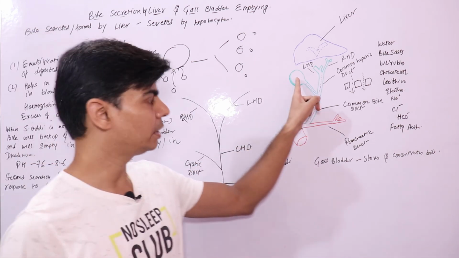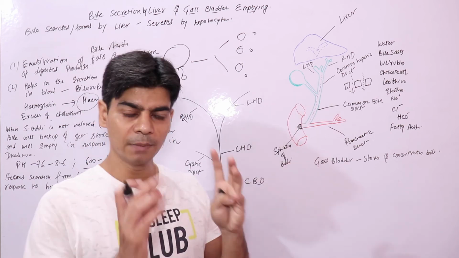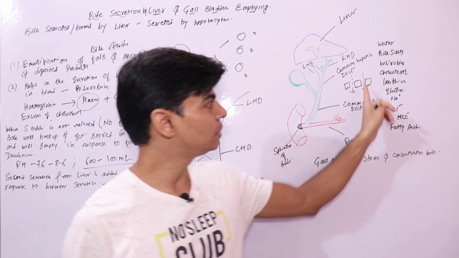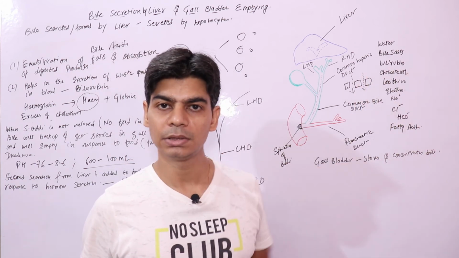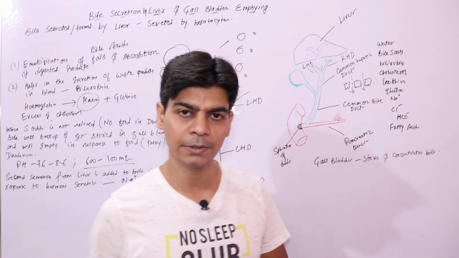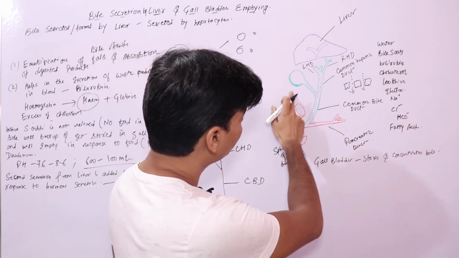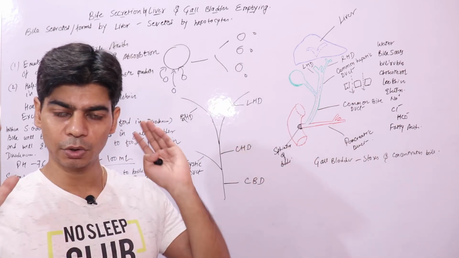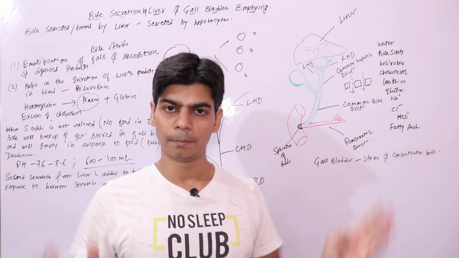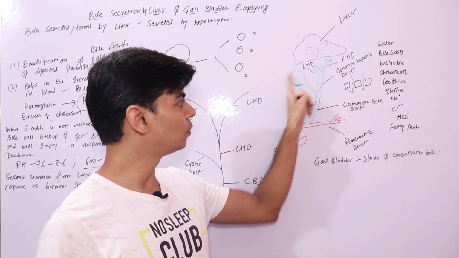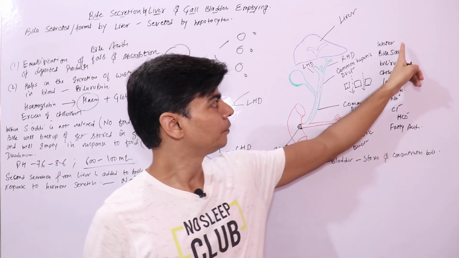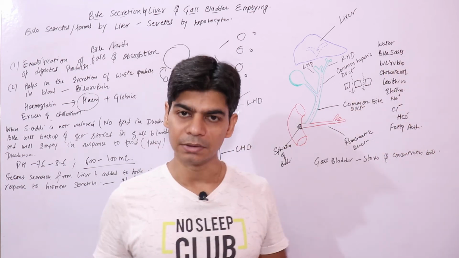When bile is stored in the gallbladder, it will absorb water and electrolytes, thereby concentrating the other components of bile, which are your bile salts, bilirubin, cholesterol, and lecithin. The mucosal wall of your gallbladder will start absorbing water and ions.